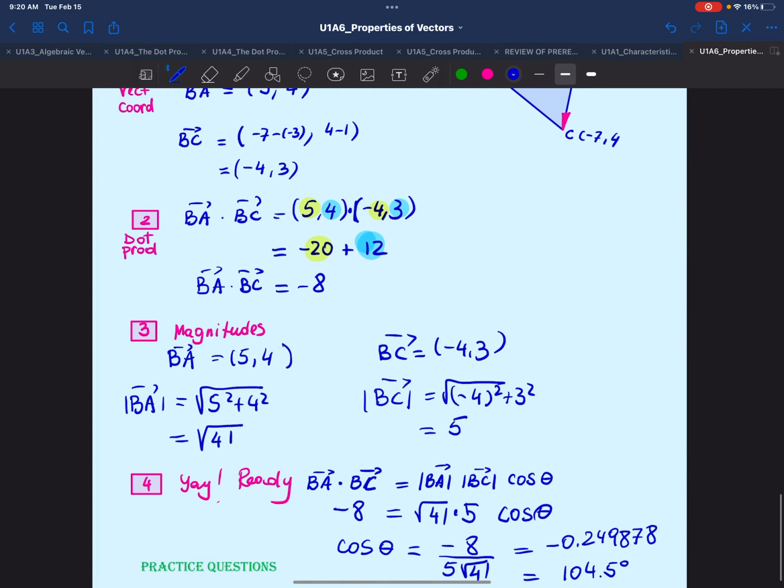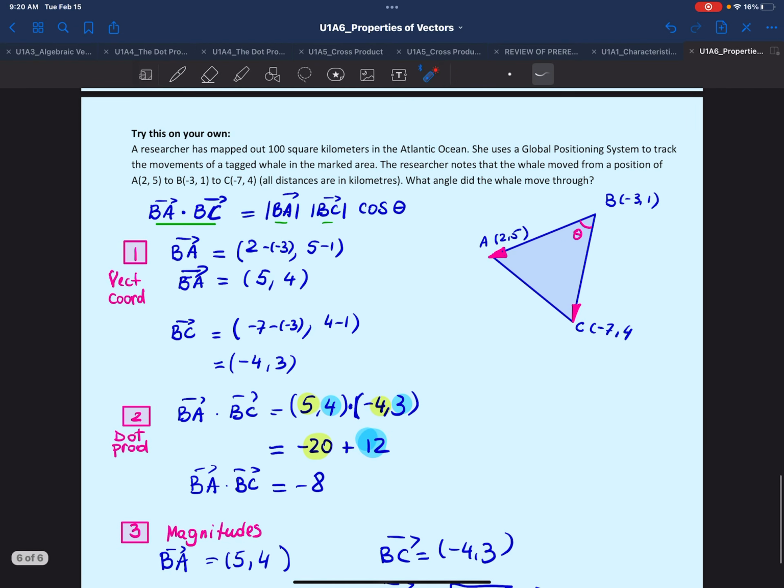So what that means is that this angle, which I probably didn't draw it correctly because I didn't actually plot the correct coordinates, would be an angle of 104.5 degrees. So it seems that the whale has moved this way around. So this would be the angle theta.